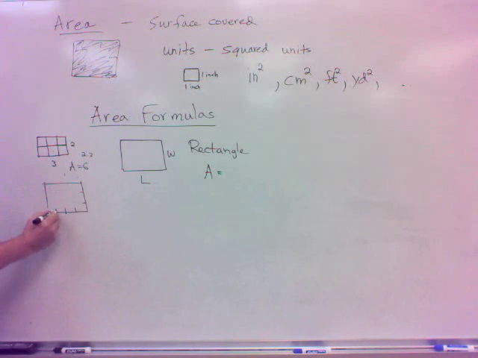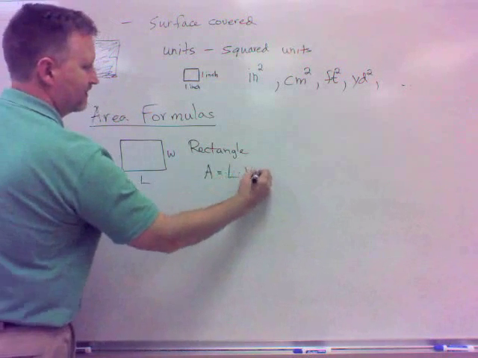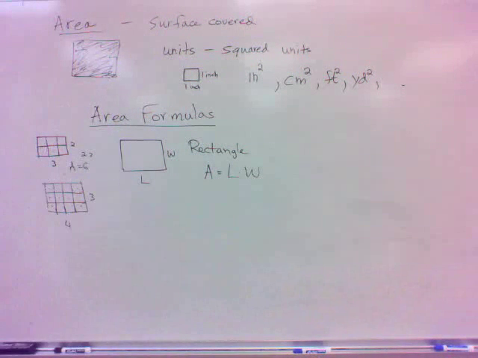Okay. So that's 4, 3. All right. 1, 2, 3, 4, 5, 6, 7, 8, 9, 10, 11, 12. Area is 12. 4 times 3. So you take the length times your width. That gives you the area of a rectangle.